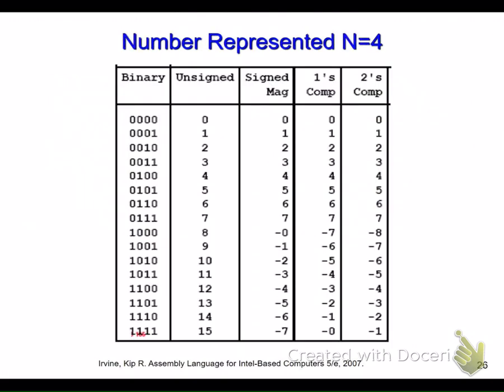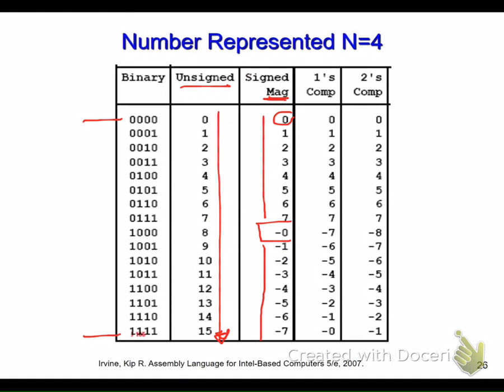So this table just shows you the problem that I'm telling you about. If you have a binary representation from all 4 zeros to all 4 ones, the unsigned will count from 0 all the way to 15. So this is not a problem. With the signed, I have from 0 all the way to 7, and unfortunately after that I will have minus 0, which has the problem, and then minus 1 all the way to the end.